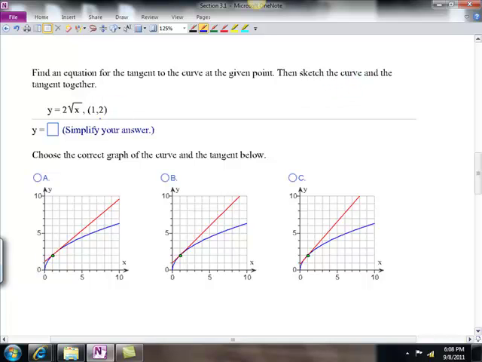So once you get the equation of your tangent, you want to put this in your y1 and in y2 you'll put your tangent that you find, and you're trying to match one of these pictures. So the first thing you do is try to find the equation of the tangent.